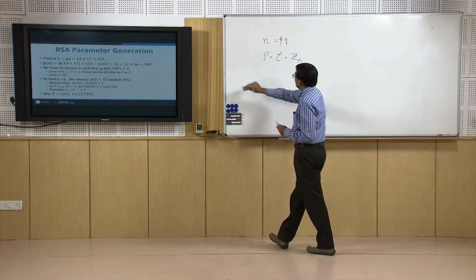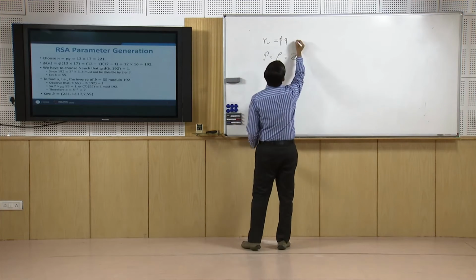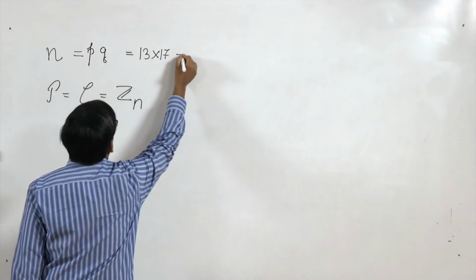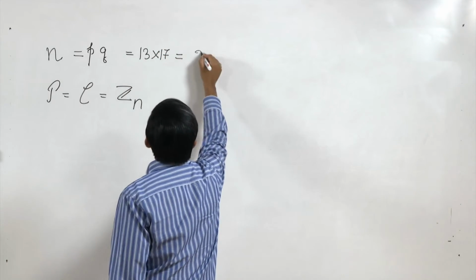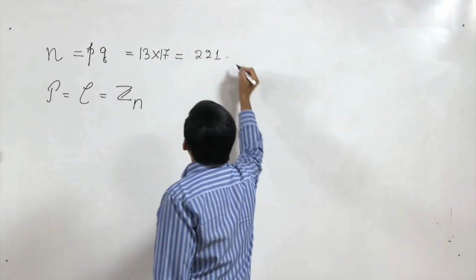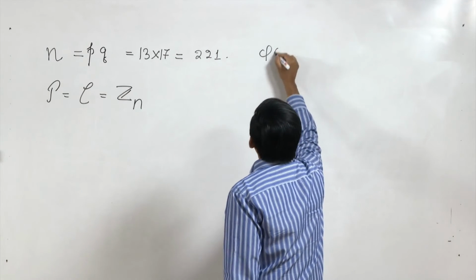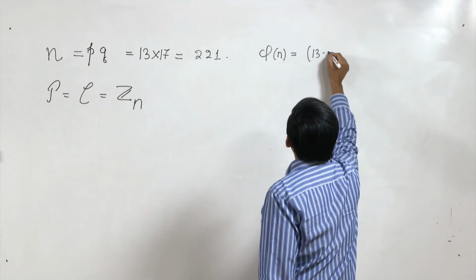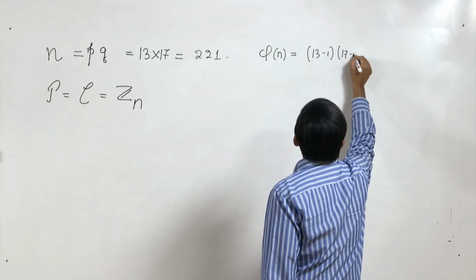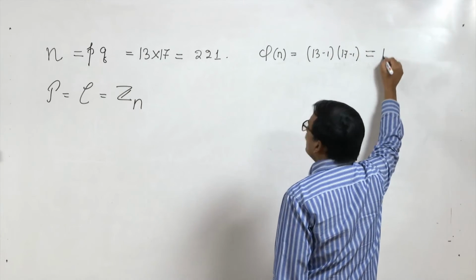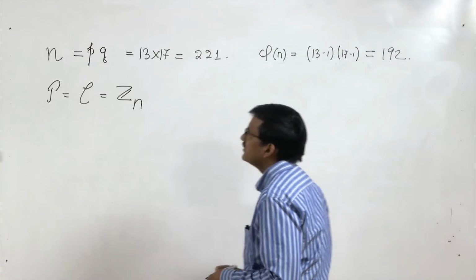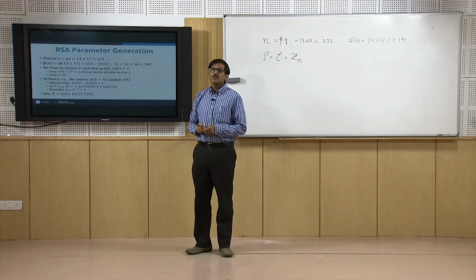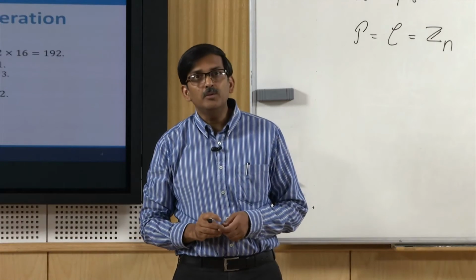Therefore, the product n is 221, and phi n is equal to (13 minus 1) times (17 minus 1), which is equal to 192. We can check this. And now we have to choose B, which is co-prime to 192.